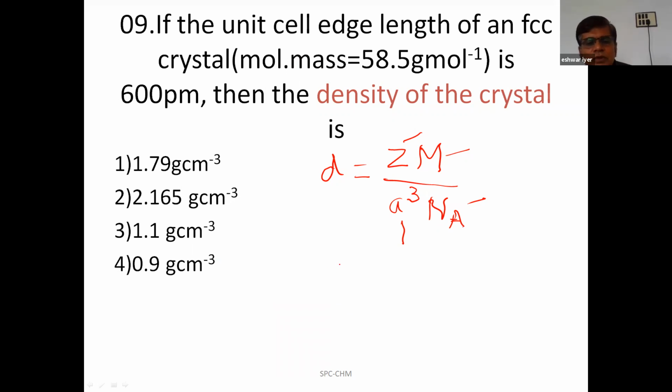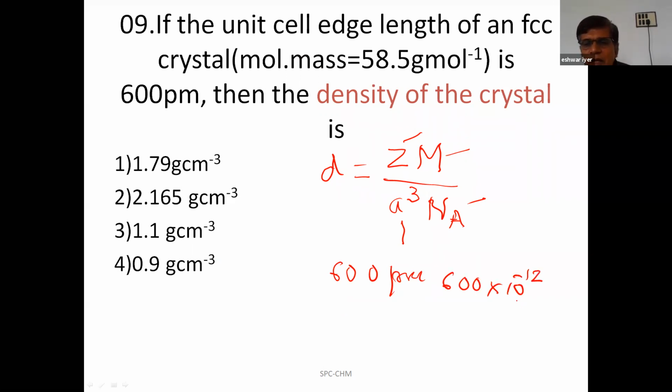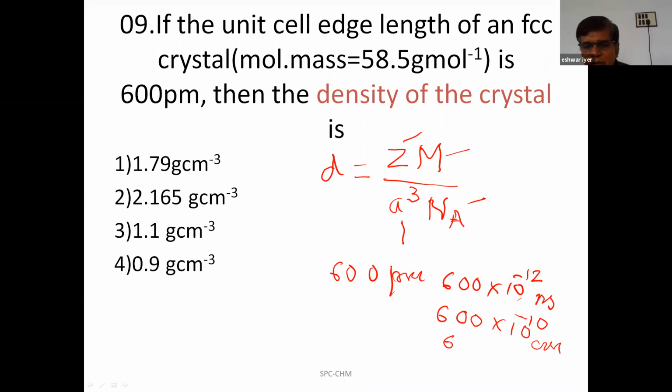So you have this 600 picometer. You write it as 600 into 10 to minus 12 meter. Then that makes it 600 into 10 to minus 10 centimeter. That is simply 6 into 10 to minus 8 centimeter.